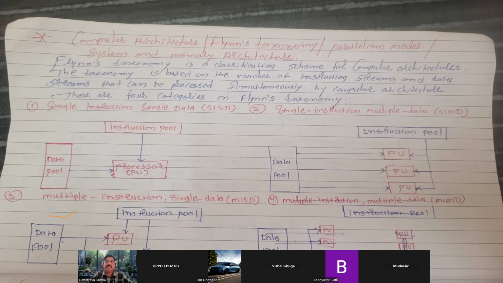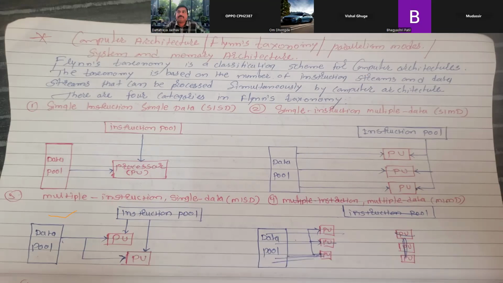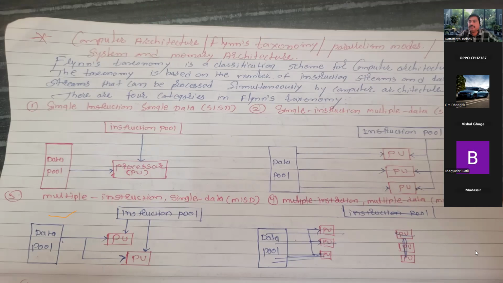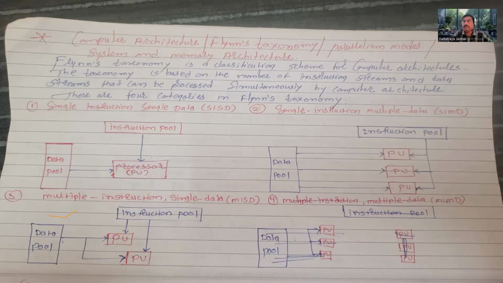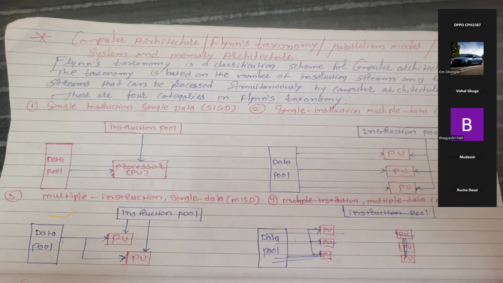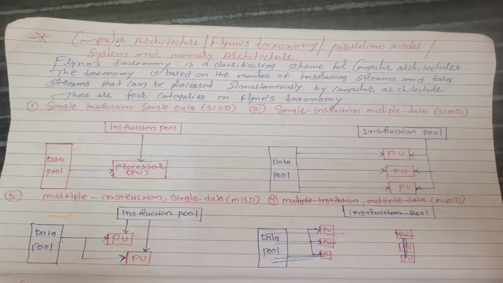So what are the categories? Computer architecture, Flynn's taxonomy, says that the number of instructions and the number of data will be executed simultaneously. So there are four types of Flynn's taxonomy.